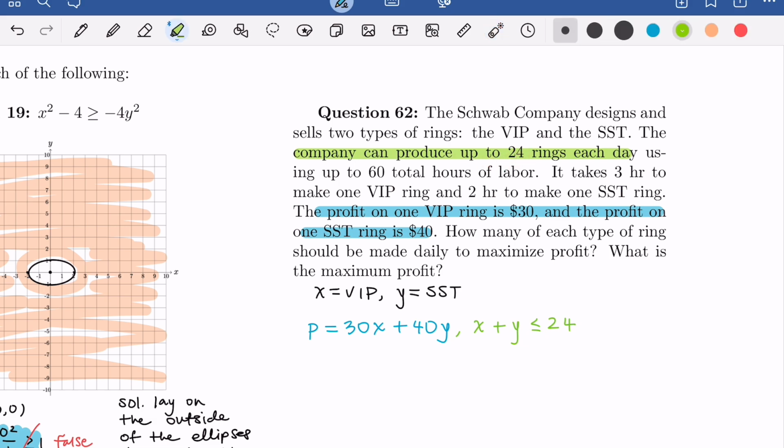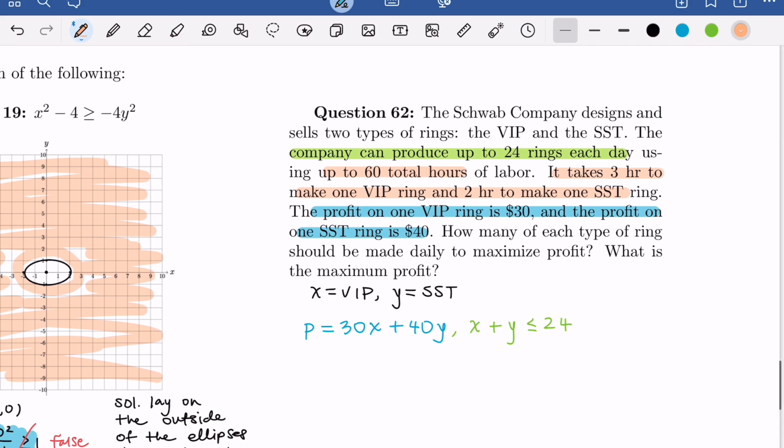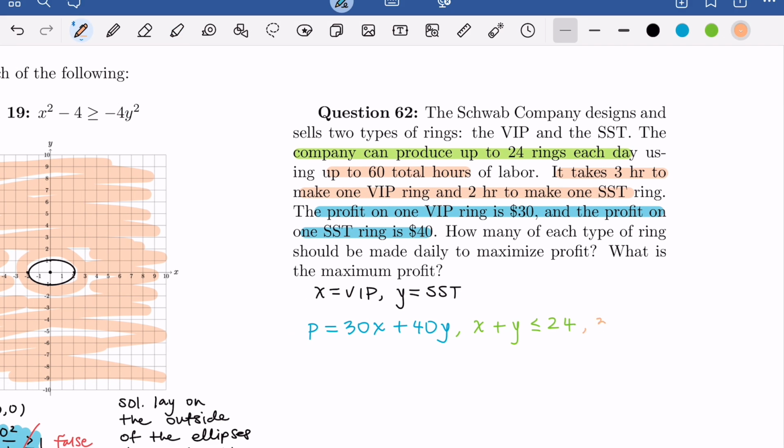Now this last piece of information here, we're told that in terms of labor, it takes 3 hours to make one VIP and 2 to make one SST ring, and the total hours of labor is not going to exceed 60. So we can set up again another inequality with this information. So we're going to have 3 hours to make one VIP plus 2 to make one SST is not going to exceed 60 hours.